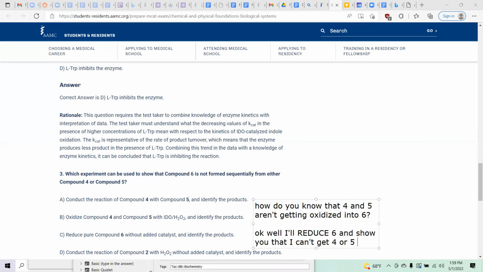Does that make sense? Because if you're saying, let me just reverse it and I'll show you it didn't come from 4 or 5.